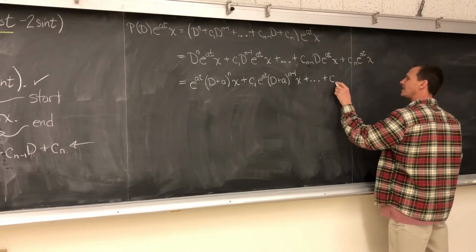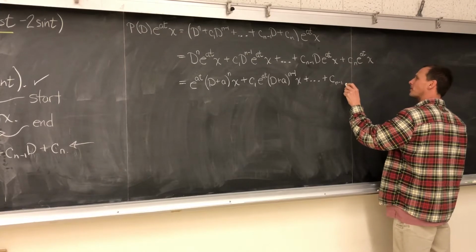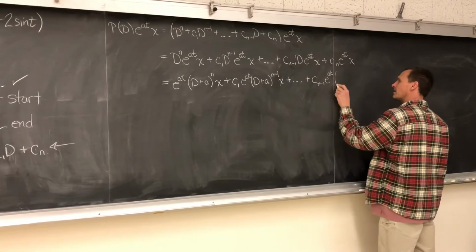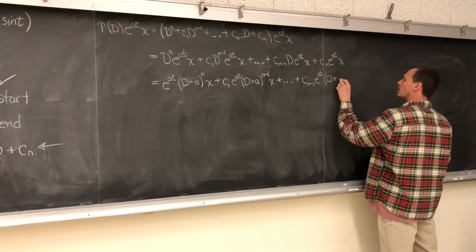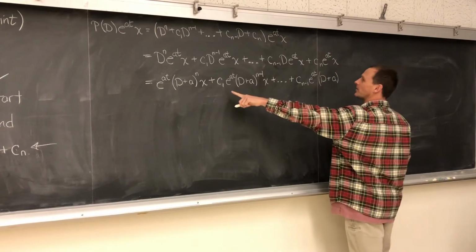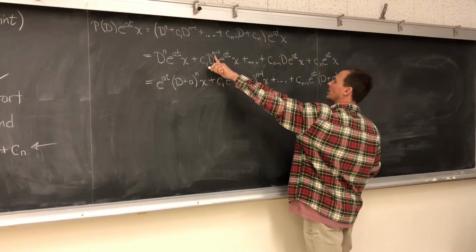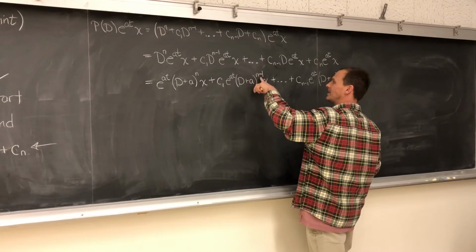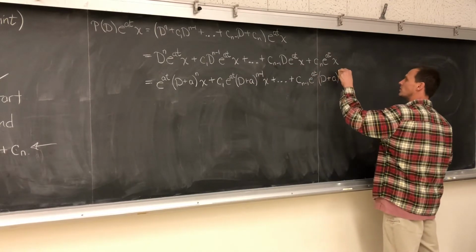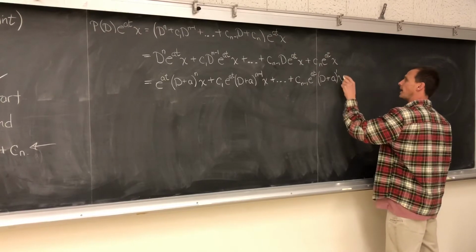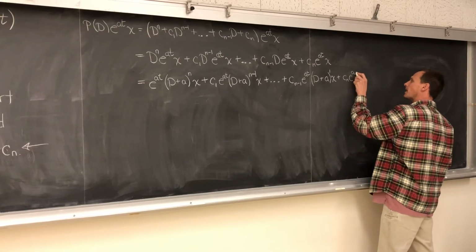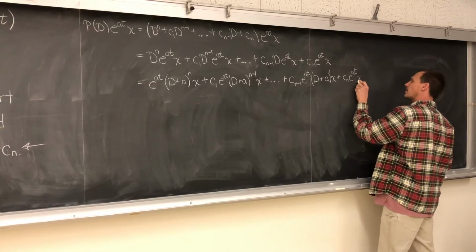This is c sub n minus 1 e to the at, d plus a. This is just the first power now. Notice if it was the n minus 1 derivative, the shift is raised to the n minus 1. And here we're taking the first derivative, our shift is raised to the first. x plus c sub n e to the at x.